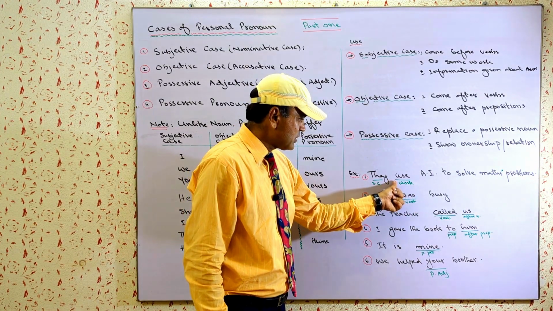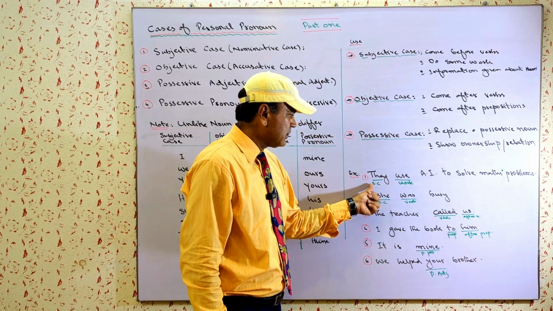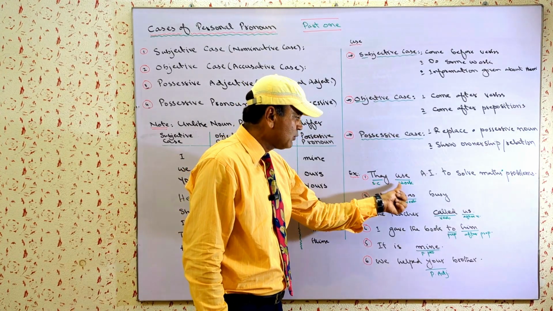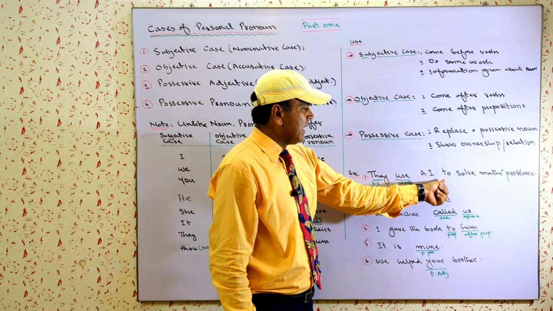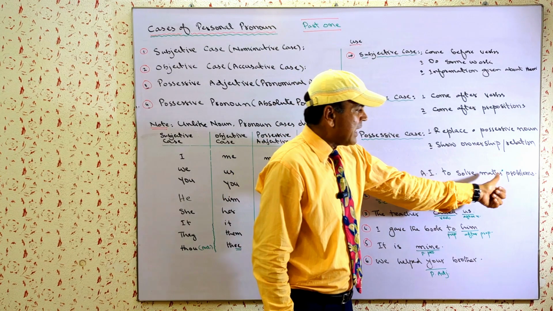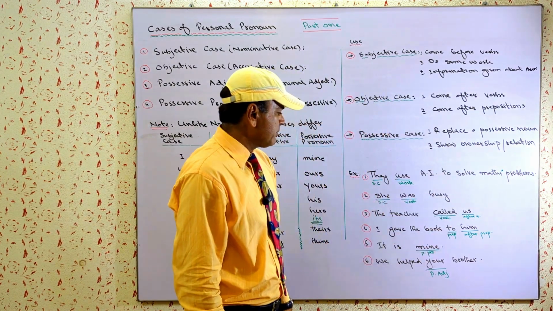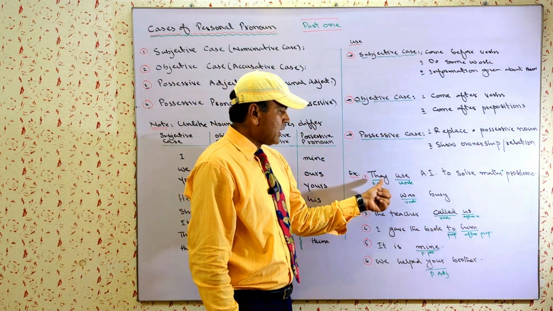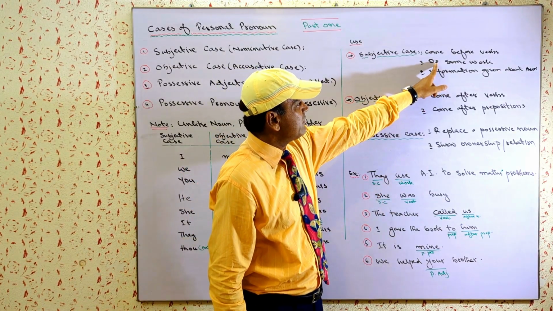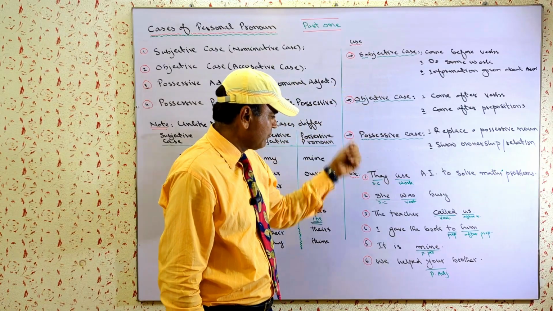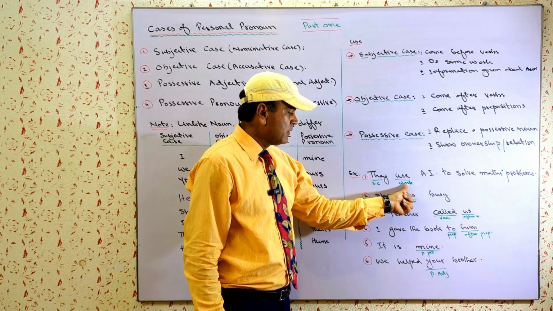Use is a verb, and there is a subjective case I have used before it, as I earlier mentioned. Number 2, they do the work. As I already told you, do some work or information is given about them. So here they do the work.